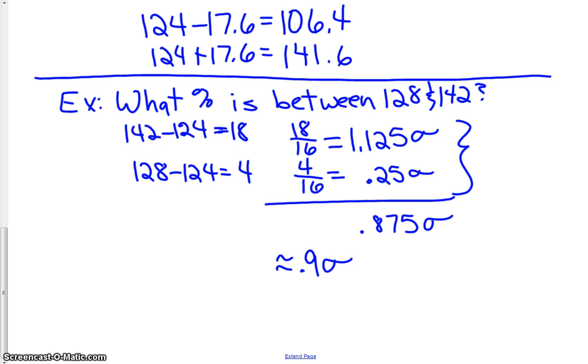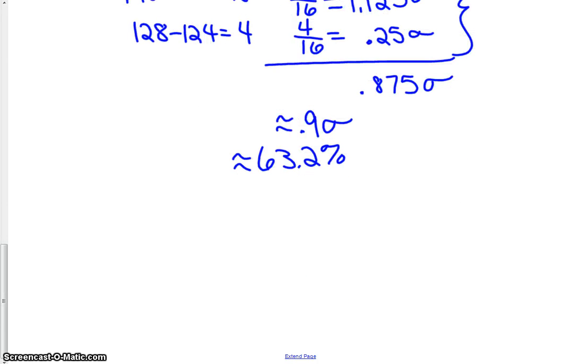Looking in the chart at 0.9 standard deviations, I find that that is about 63.2%. But keep in mind that 63.2% would be 0.9 standard deviations to both the left and the right. This is all on the right side, so I have to take that and divide it in two. So my final answer is 31.6%.